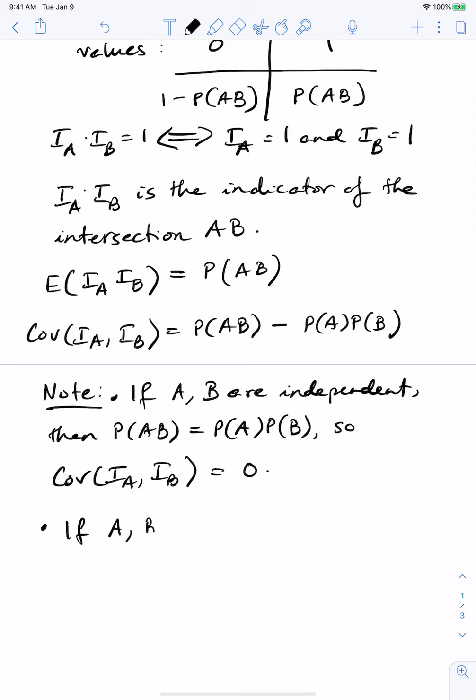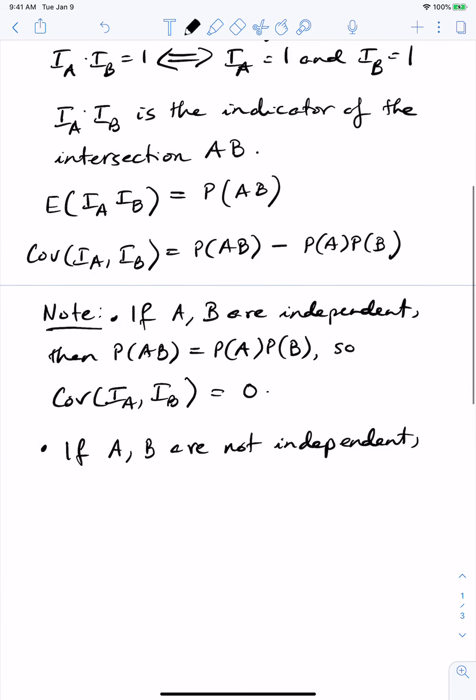If A and B are not independent, then our old multiplication rule says this.